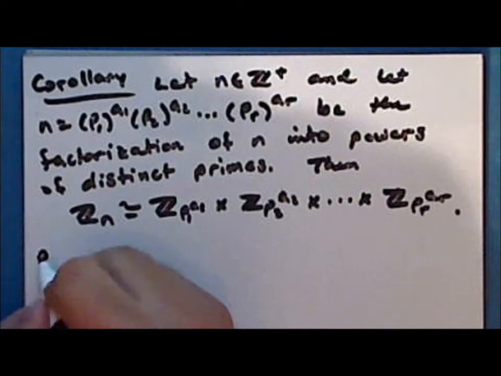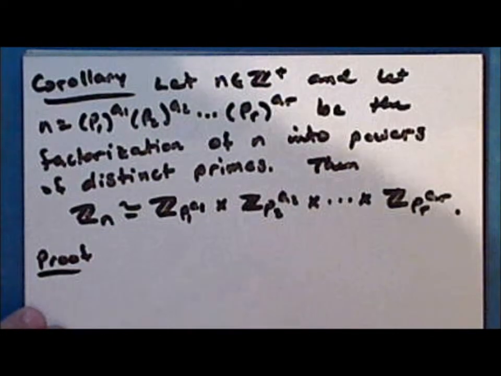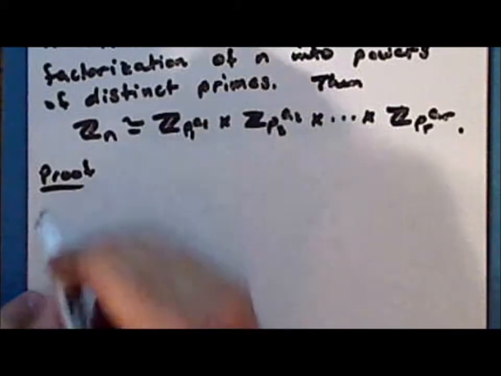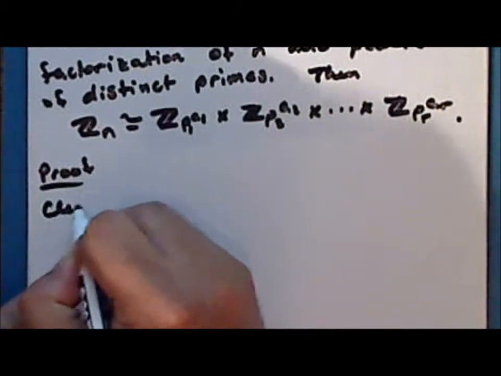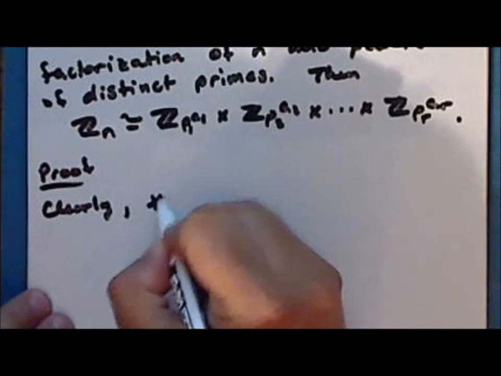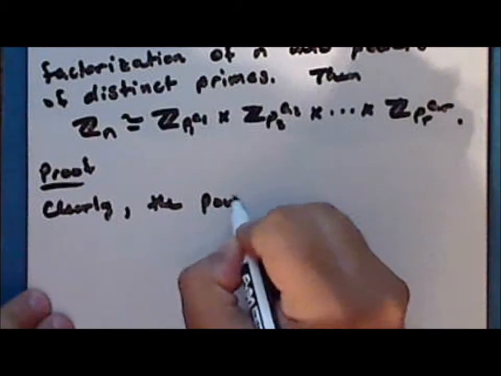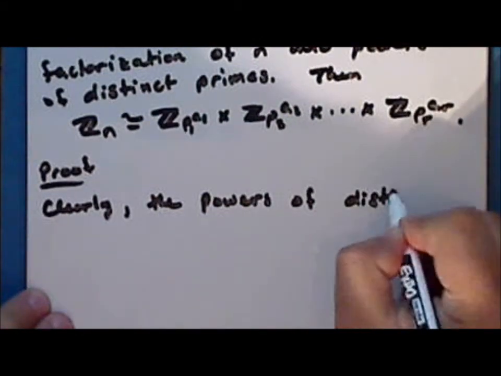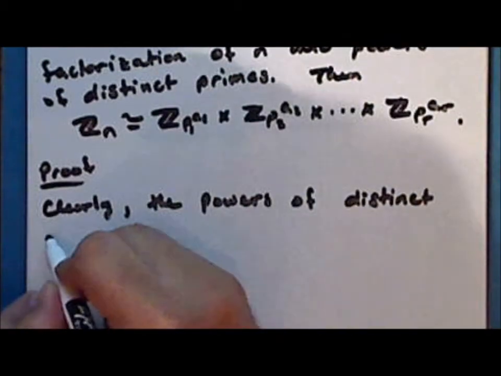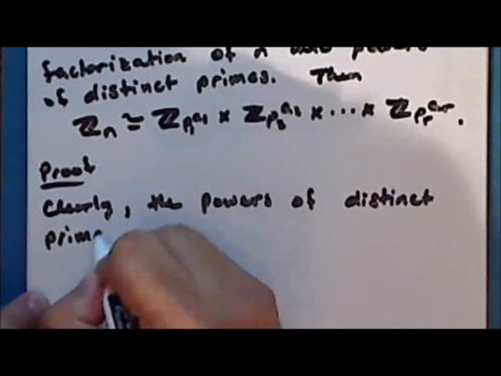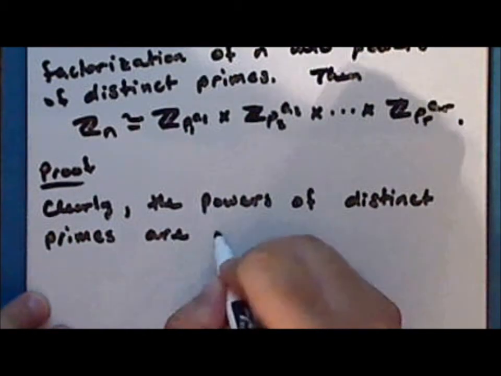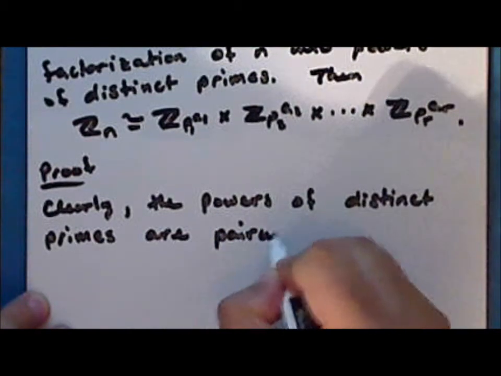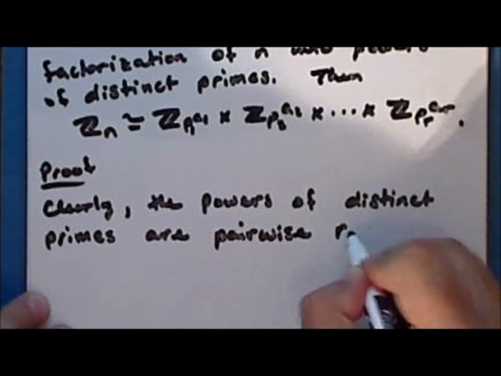So proof. Clearly, the powers of distinct primes are pairwise relatively prime.